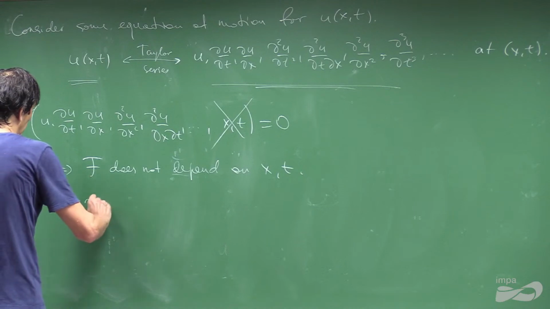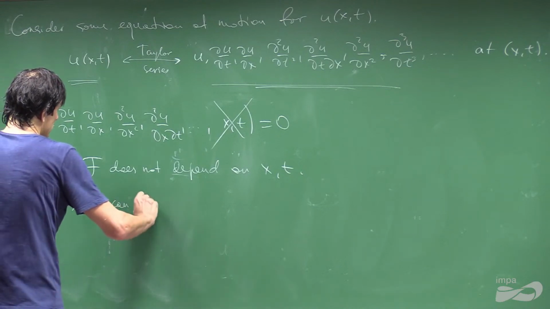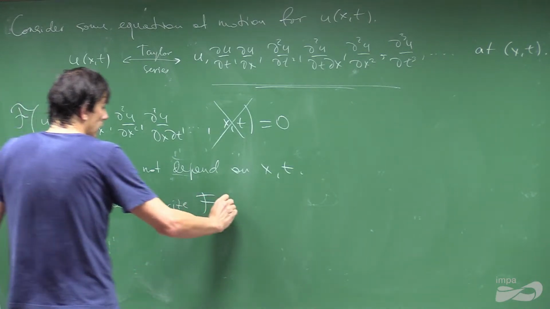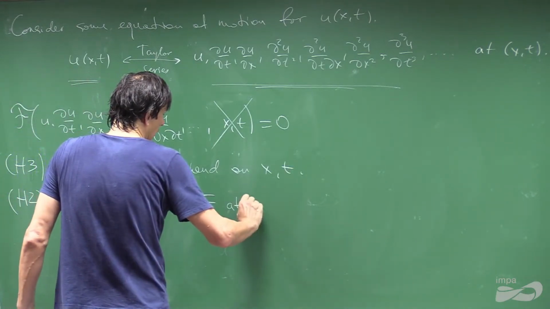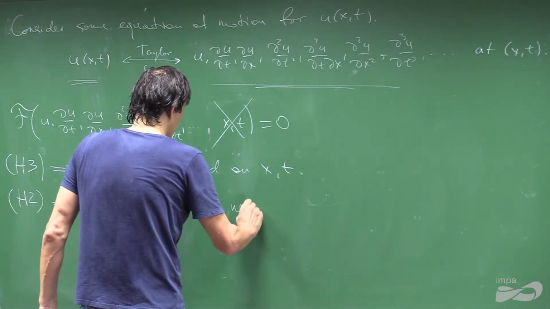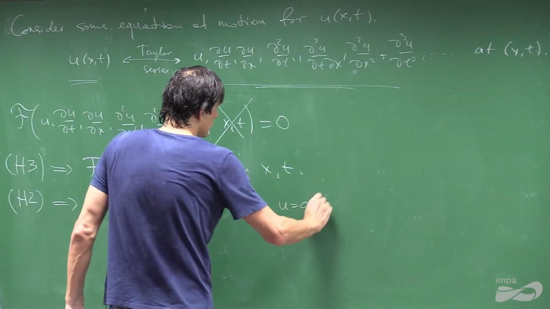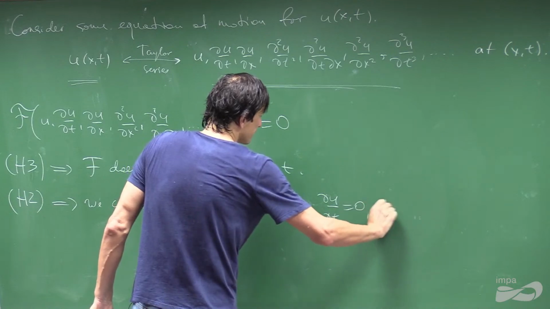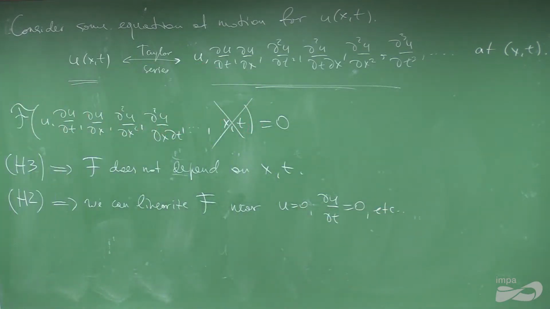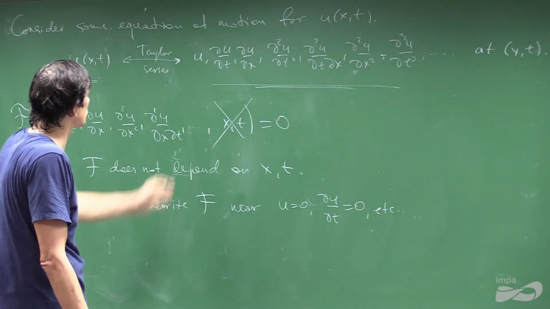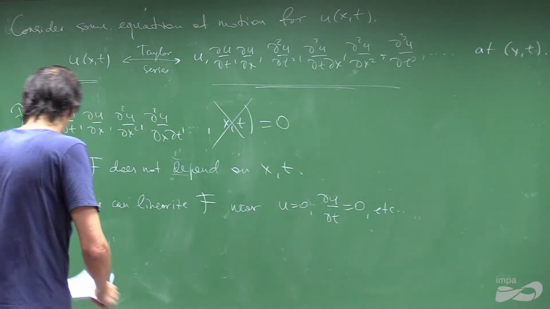So we can linearize f at 0, near u equals 0 and all derivatives being 0. And if you linearize with respect to variables, the result is a linear combination, as always.